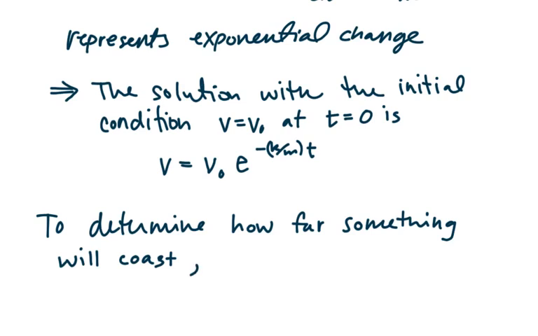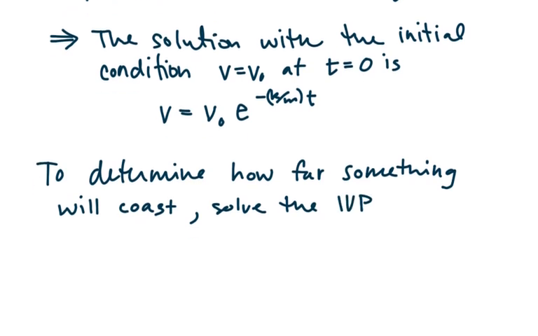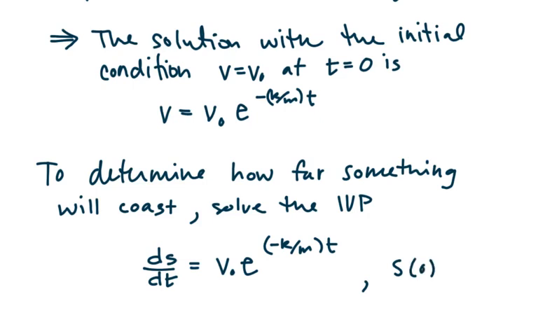We're going to solve the initial value problem, the IVP, which is ds/dt equals v sub 0 e to the negative k over m t, when s of 0 equals 0.